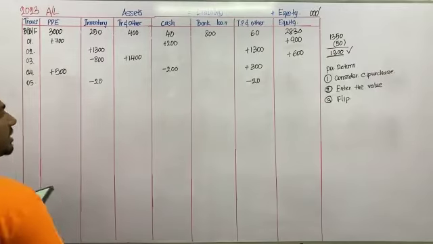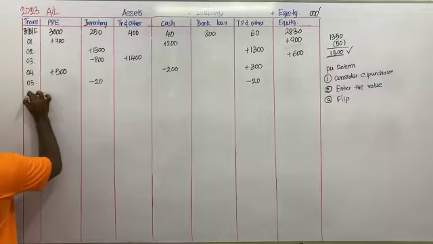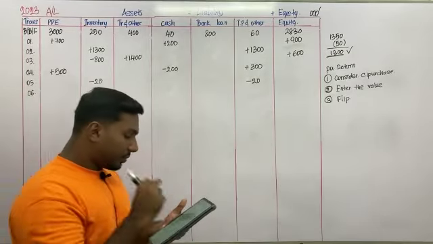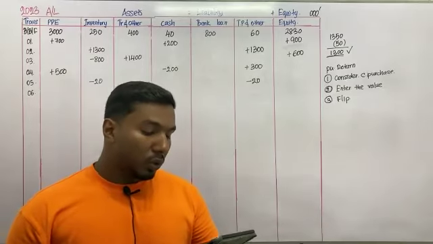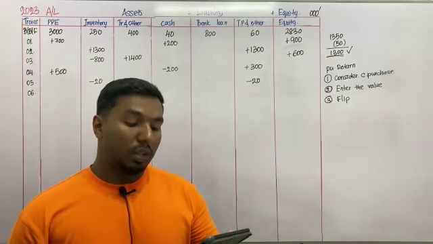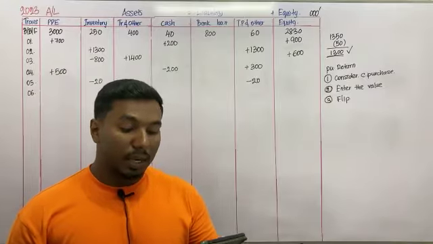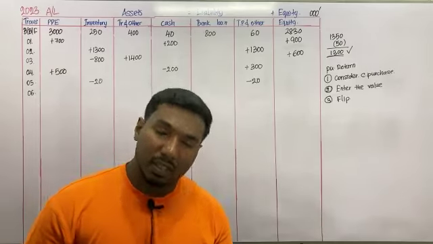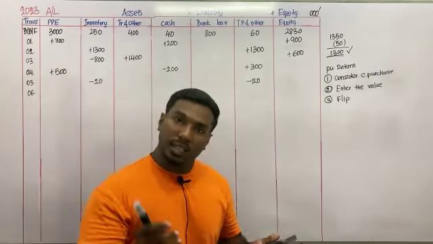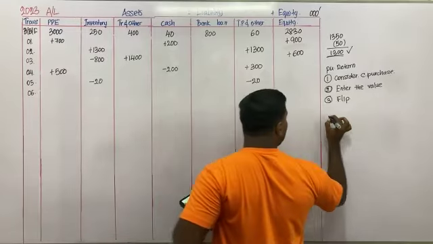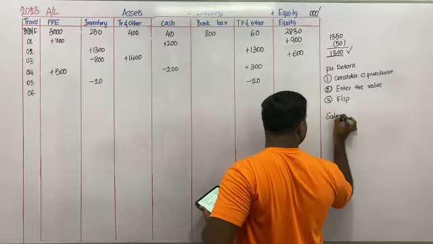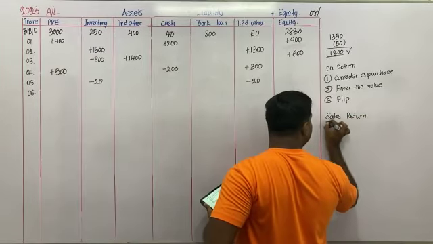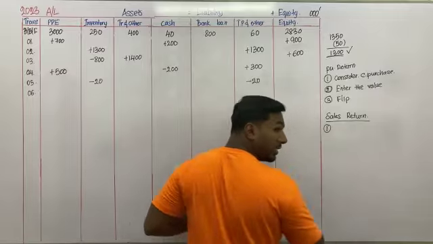After that, transaction number 6. Goods sold 50,000 during the month were returned by the debtor. The cost of these goods was 30,000. Again, the same format for the sales return, again the three-step model.